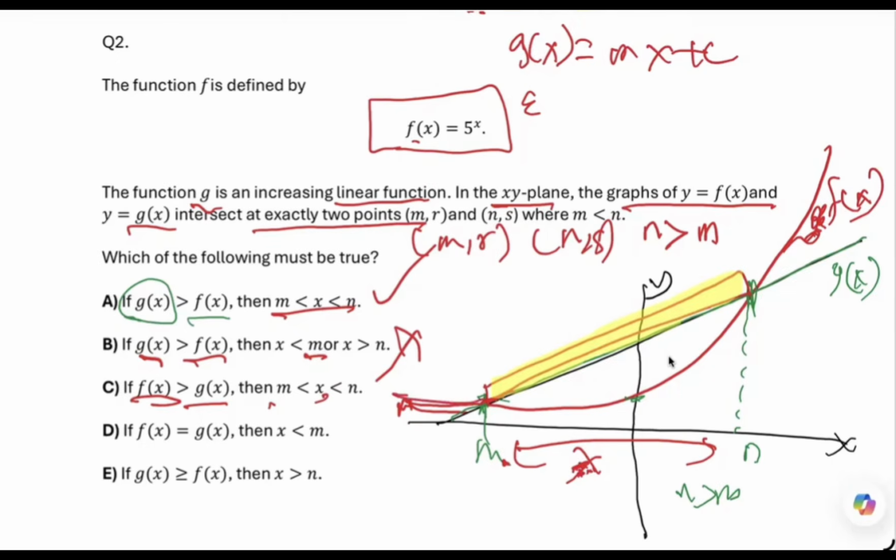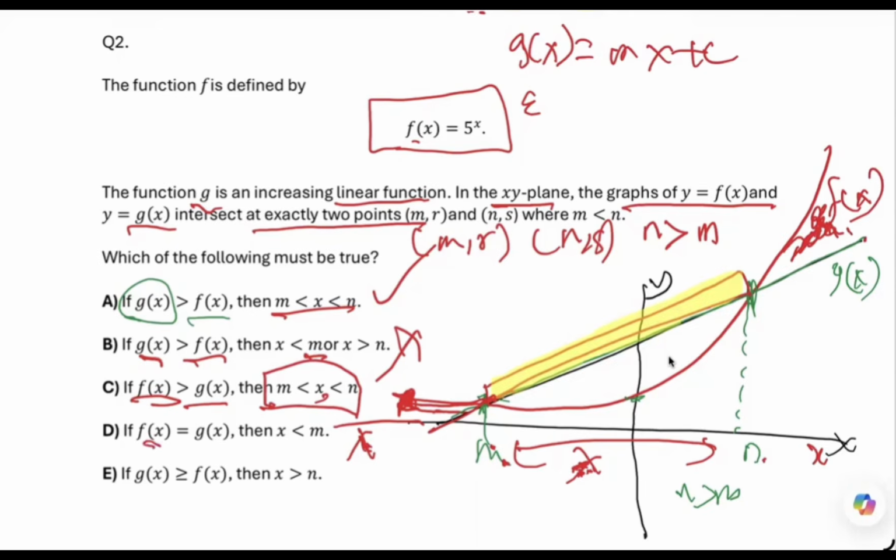And if f of x is greater than g of x, from here, that means from here, top here, m has to be greater than x, right? m has to be greater than x. Same thing. f of x is greater than g of x, x is greater than n. Therefore, this cannot be true. This is how you analyze them.